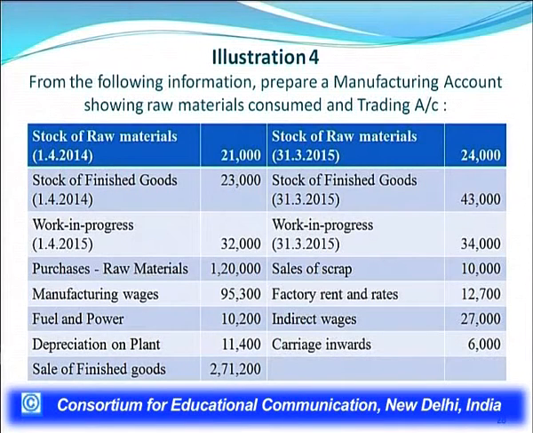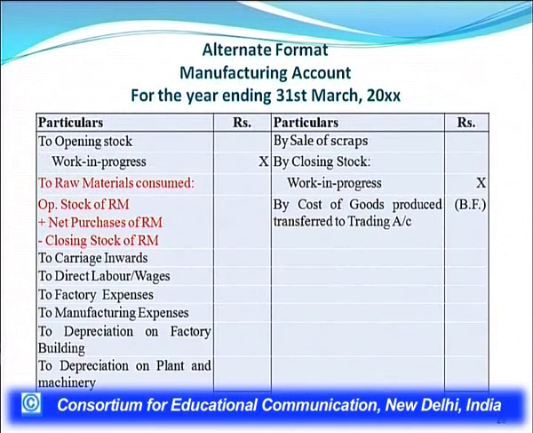Then sale of scrap, factory rent and rates, indirect wages, carriage inward. And we read at the top, from the following information prepare a manufacturing account showing raw materials consumed and trading account. So, they are specifically asking to show raw material consumed. It means we need to follow this format of trading account.